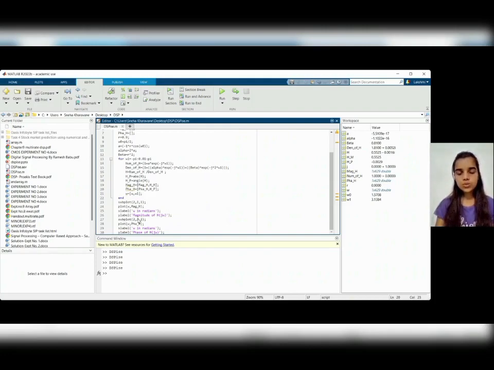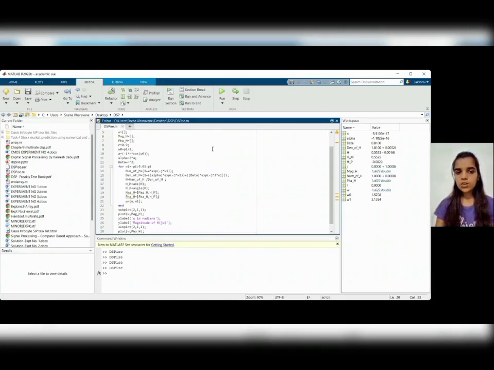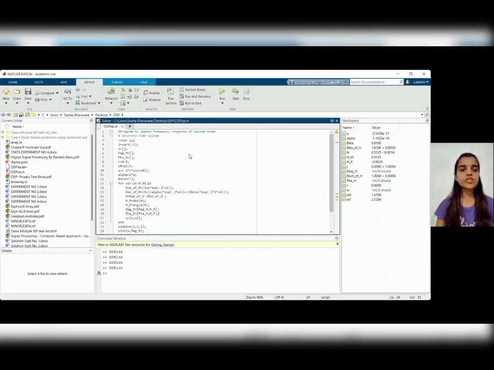Subplot 2 is the command used for plotting second graph of phase of transfer function. Plot omega, phase of h. X label is omega in radians. Y label is phase of h j omega.